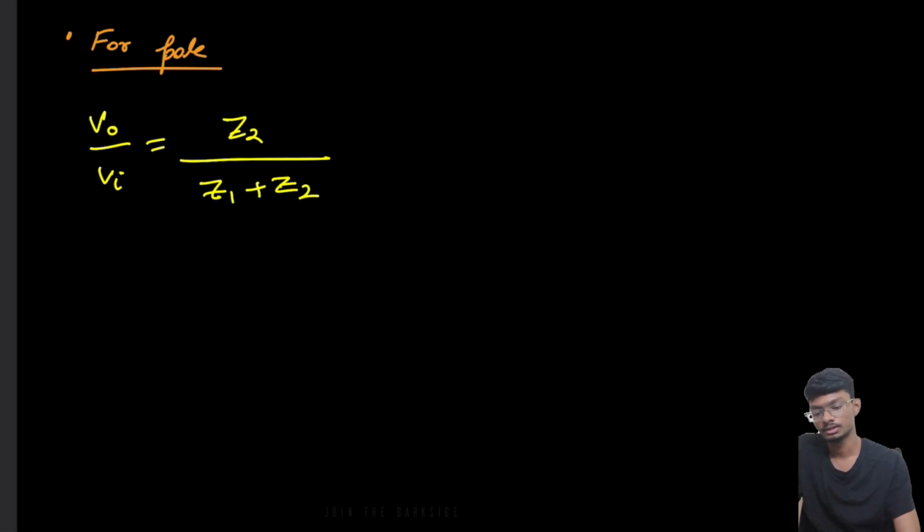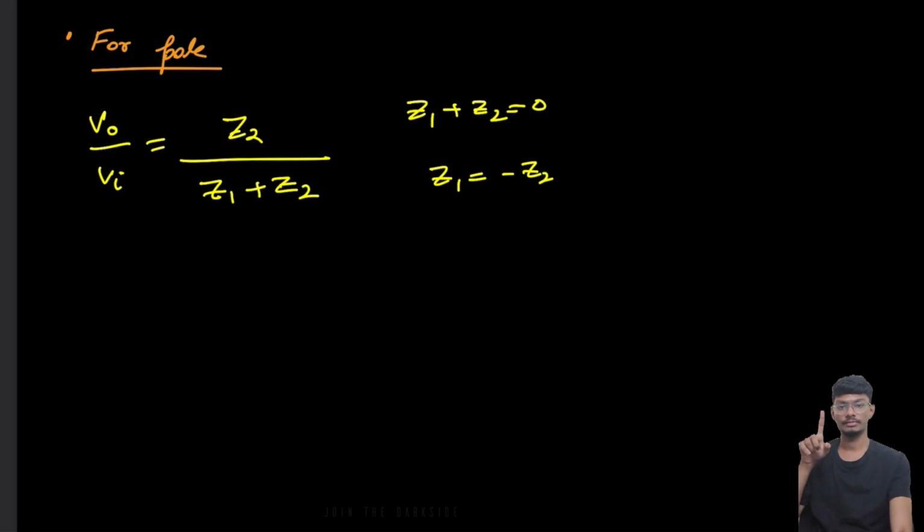How will that happen? Only if Z1 plus Z2 goes to 0 will we get infinite gain. The VO will be infinity. So the condition is Z1 equals minus Z2.